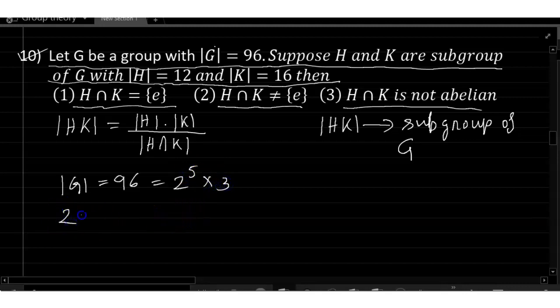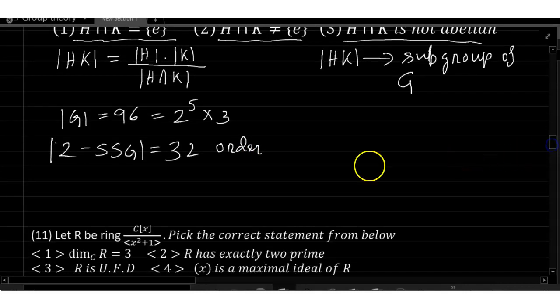So the 2-Sylow subgroup has order 32, and the 3-Sylow subgroup has order 3.